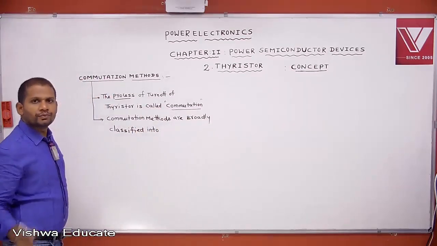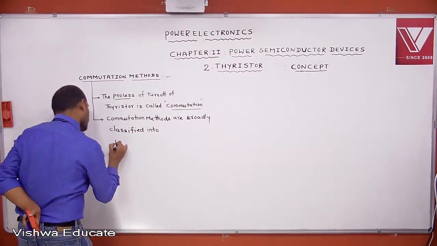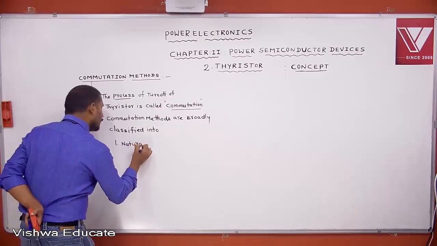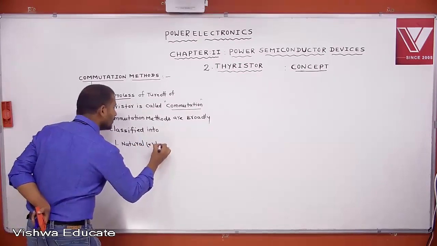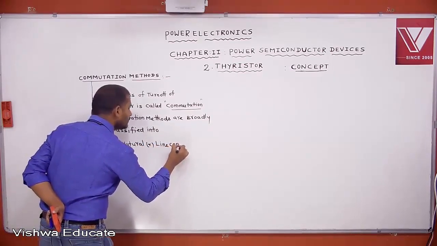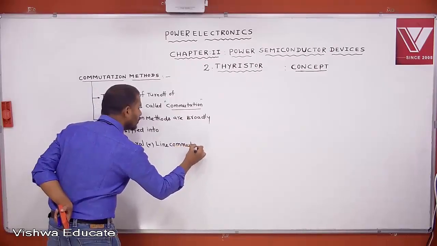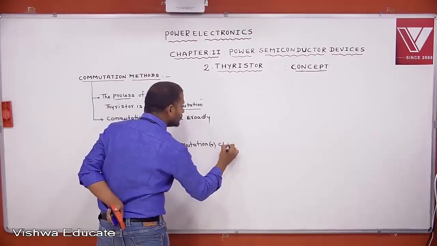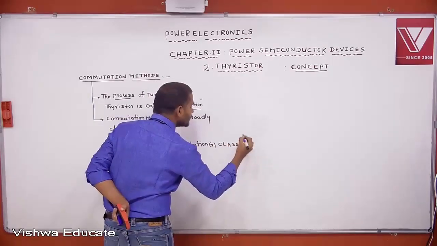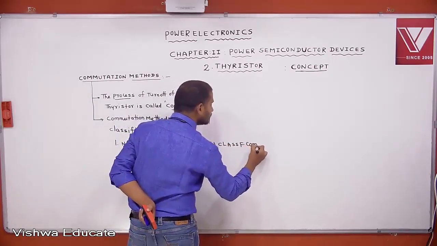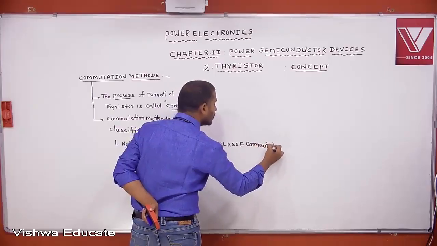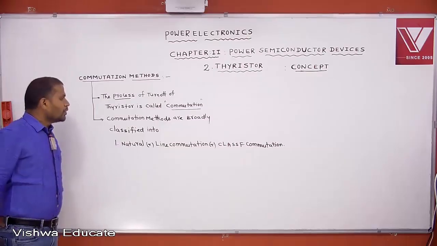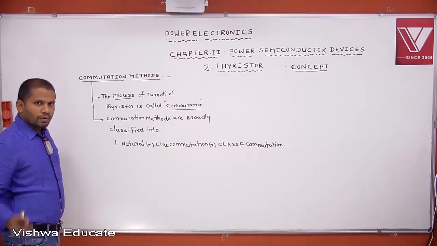Broadly classified into: one is natural commutation, natural or line commutation, or class F commutation.